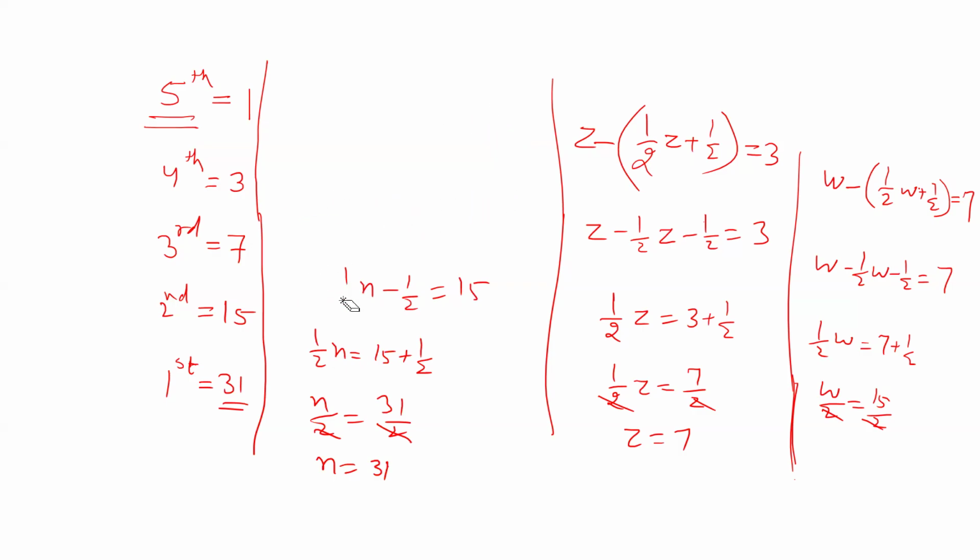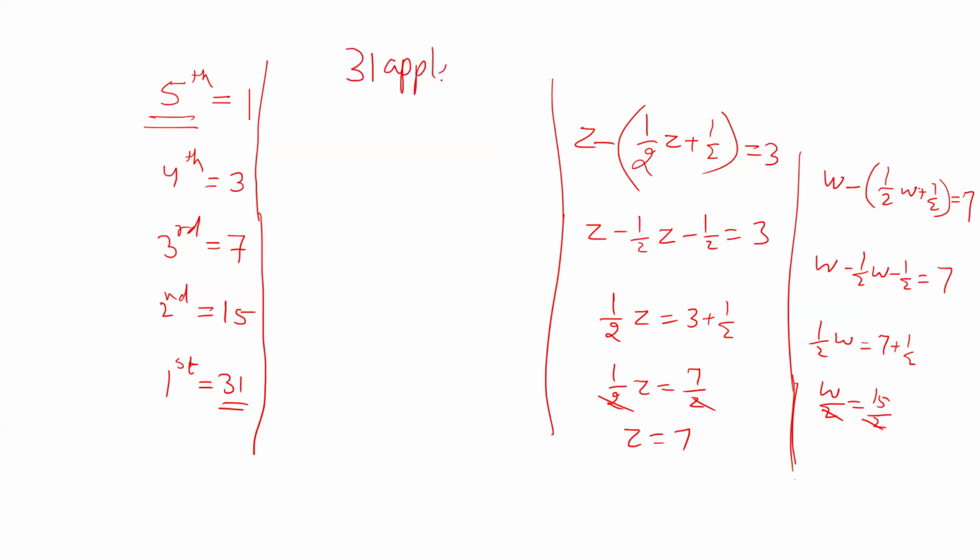To the first customer, he gave half of 31 plus 1 by 2, which is 32 by 2, which is 16. So to the first customer, he gave 16 apples. And now he has 31 minus 16, which is 15 apples.